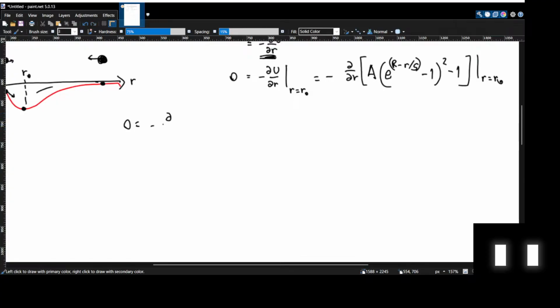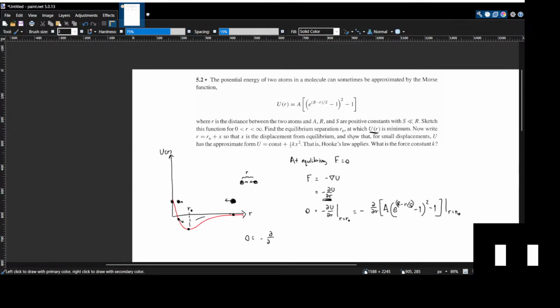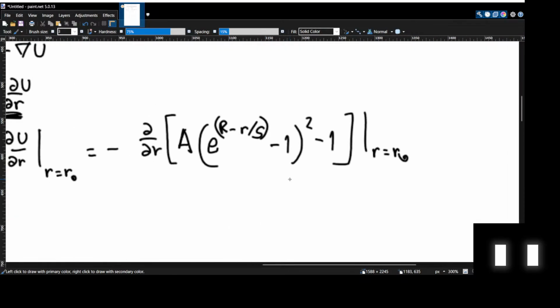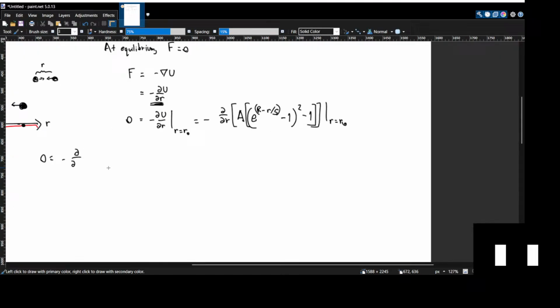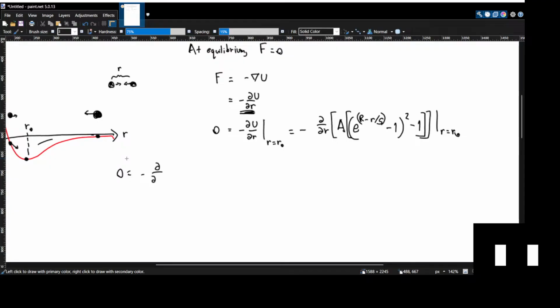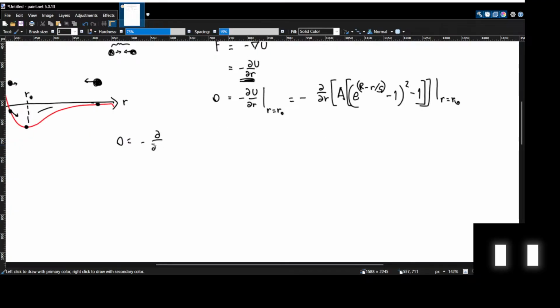Okay, for the sake of simplicity, I'm going to expand this whole term. Wait a minute, something's not right, because A is not supposed to be there. Okay. So for the sake of simplicity, I'm going to expand this.